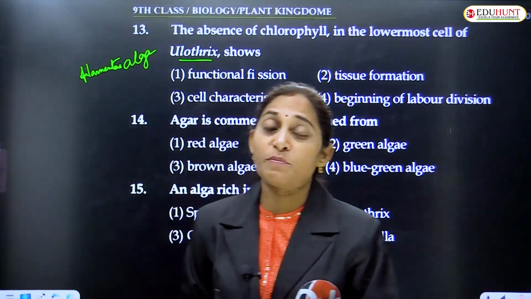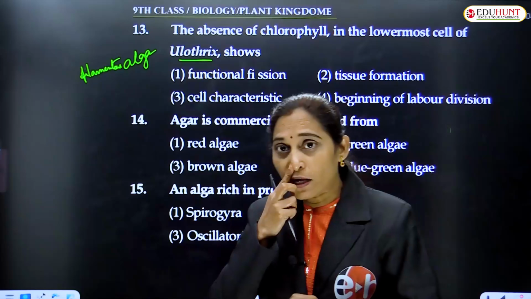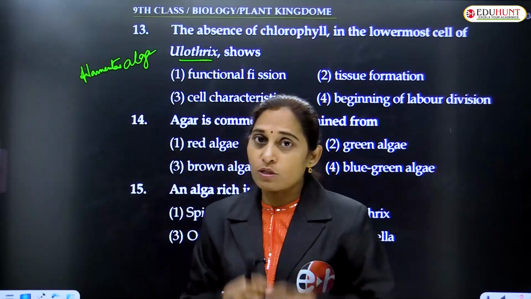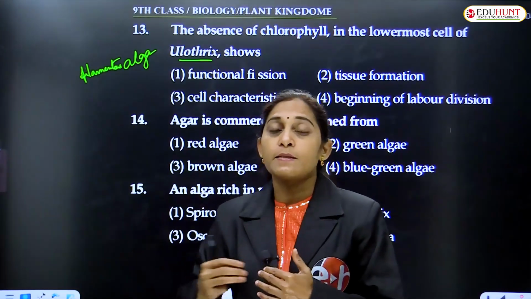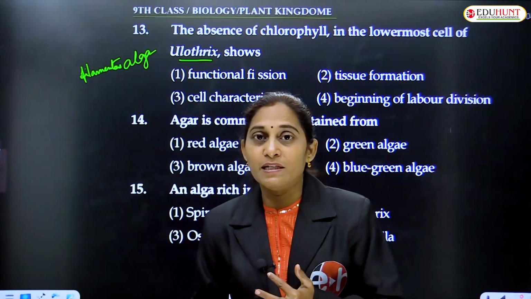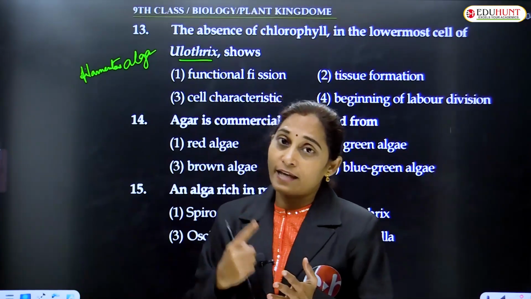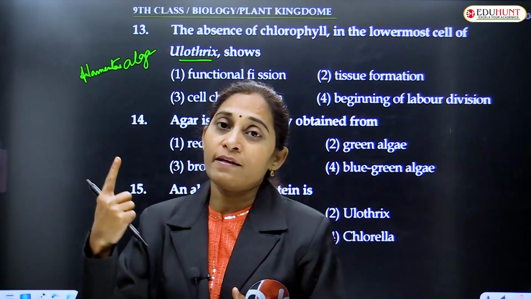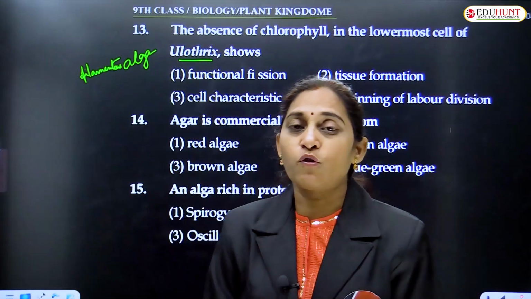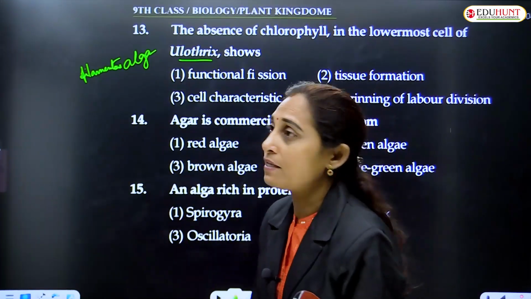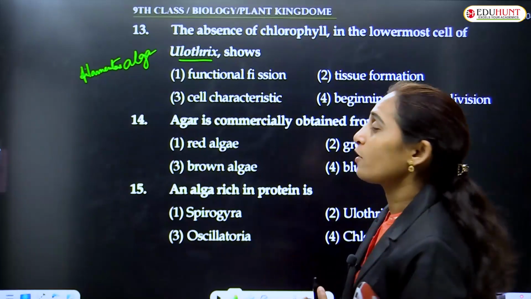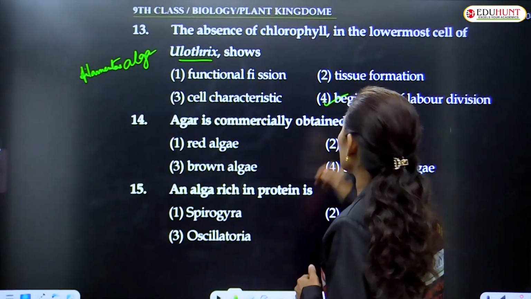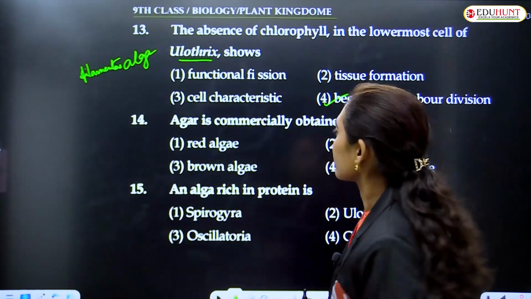It takes the responsibility of attaching the filament to the substratum. The remaining cells are capable of division, and they have chlorophyll. They can prepare their own food and can divide. This shows the beginning of the division of labor in Ulothrix.